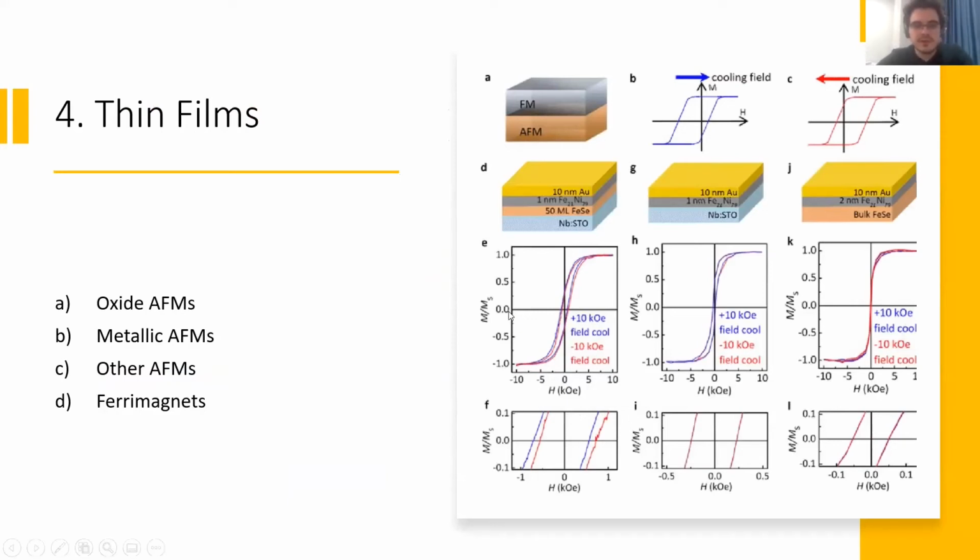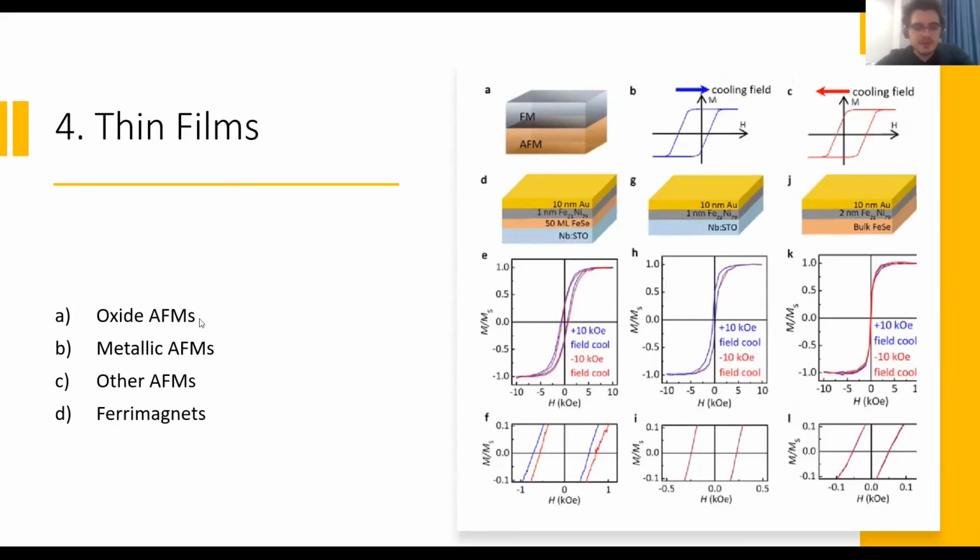They are also easy to manufacture relative to the others, because the other manufacturing processes also depend on the material or small effects, like I told, the grain oxidation. In thin films, we have a couple of AFM types: oxide AFMs, metallic AFMs, other AFM types, and ferromagnetic materials.